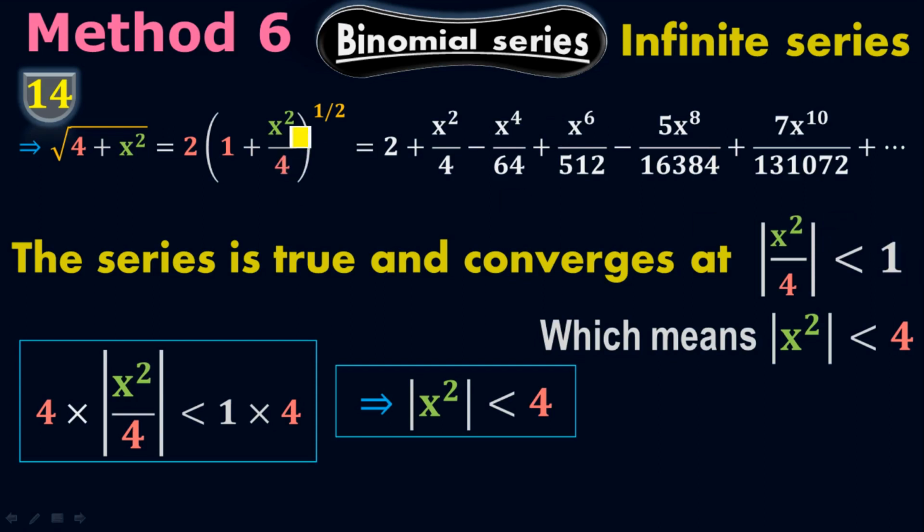Similarly, if x squared is something greater than 4, then I will have a value greater than 1. I need something lesser than 1. Therefore, this x squared must be less than 4, like 2, 3, 3.5, 3.8. Only then will this b term be less than 1.